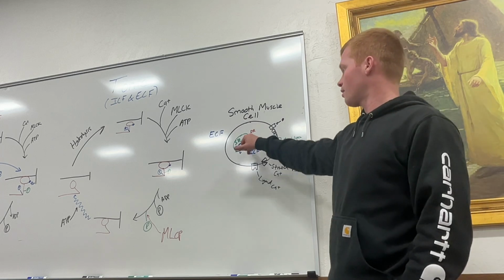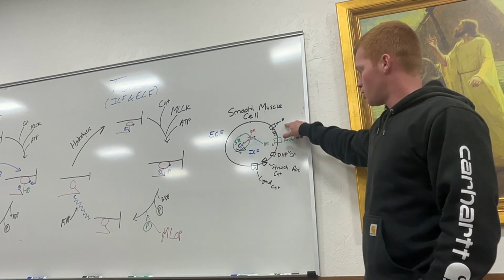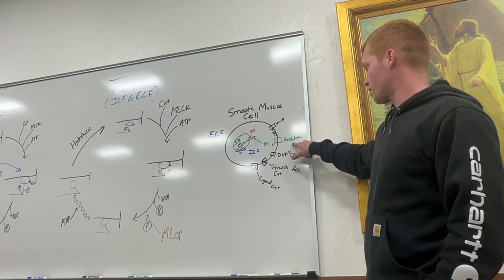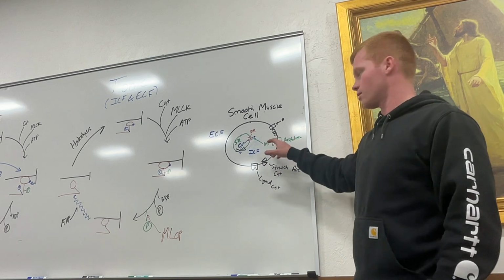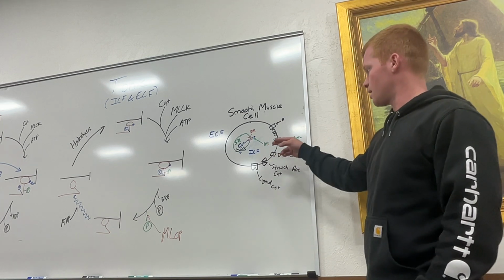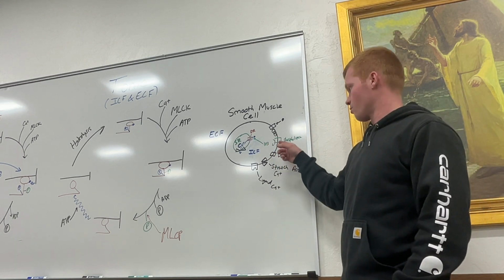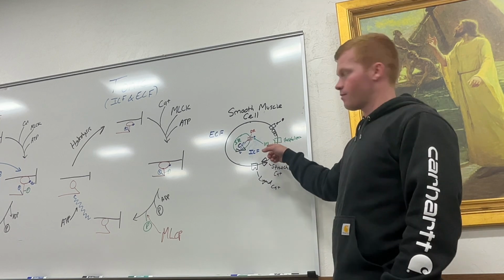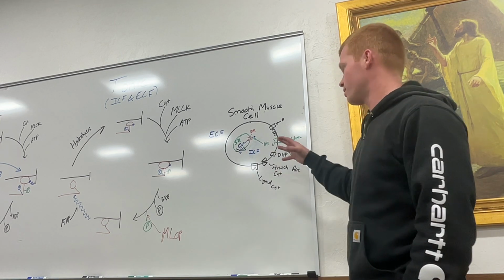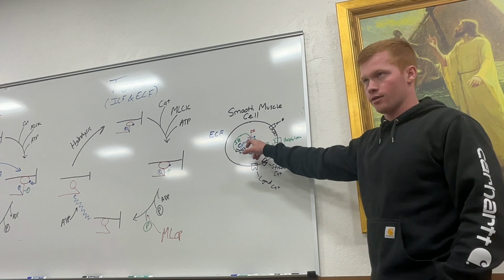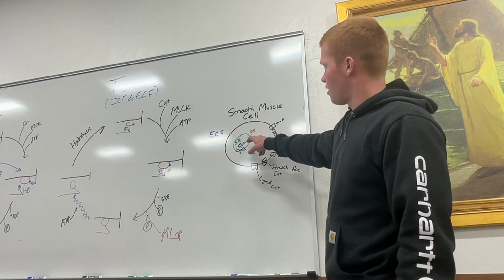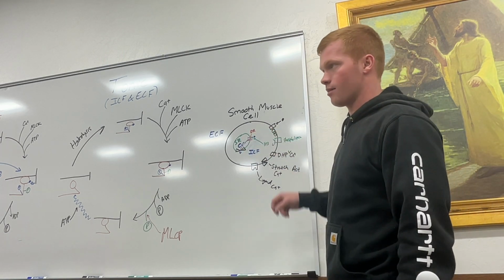The RYR can open itself with a G protein and with phospholipase that creates IP3, I can't remember if it lets it in or creates it, and that goes to the RYR and opens it up so that calcium can leave the SR into the ICF.